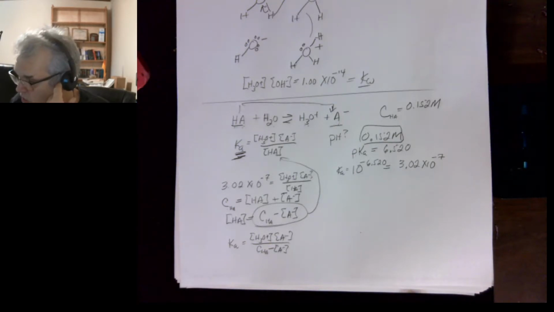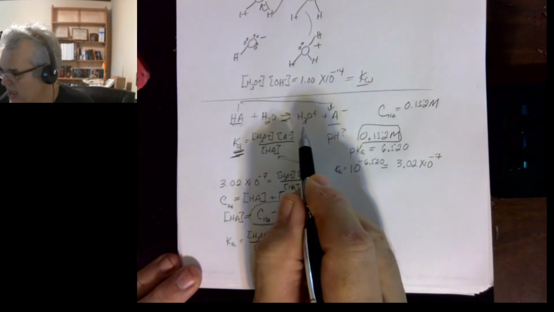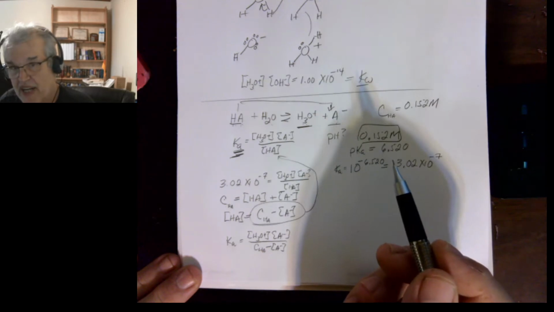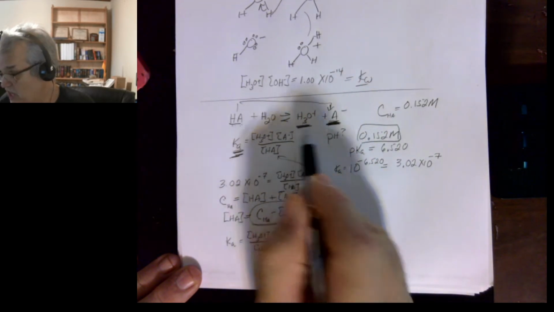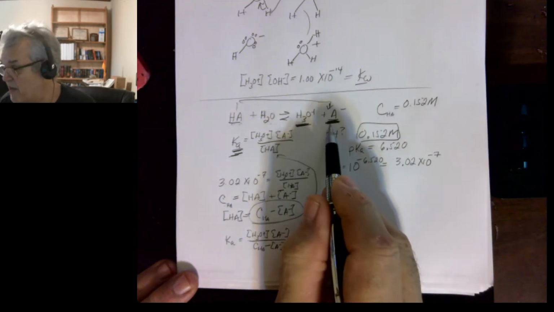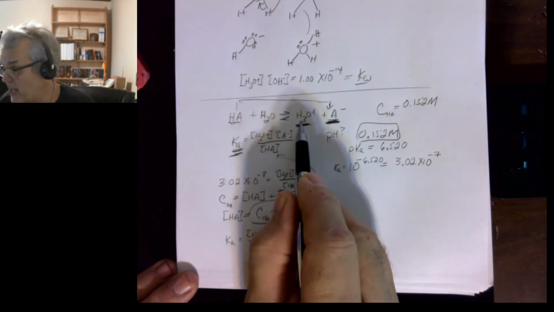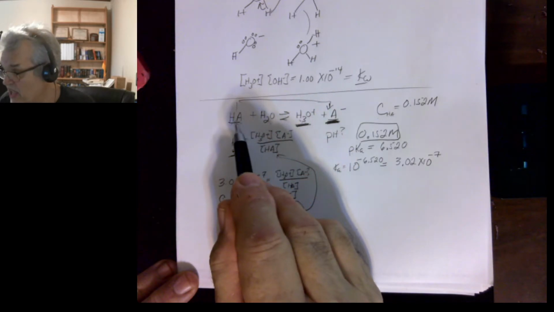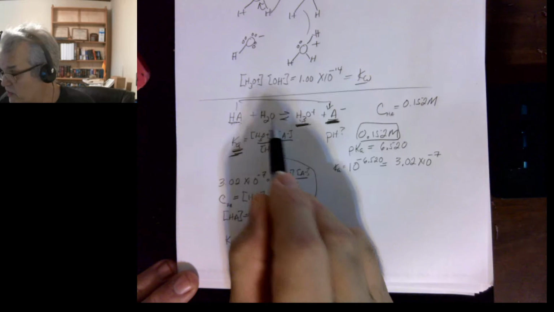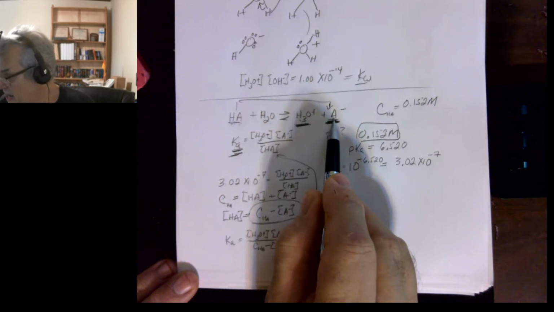All right, so what assumption can we make? Well, let's look at this and let's see. For every hydronium that's created up here, an A minus is created. And for every A minus, there's a hydronium, right? The way we got an A minus was that the HA donated a proton to water and formed a hydronium. Therefore, every HA that reacts with water forms a hydronium and an A minus.